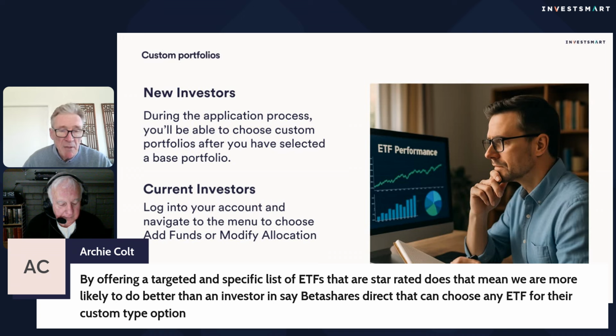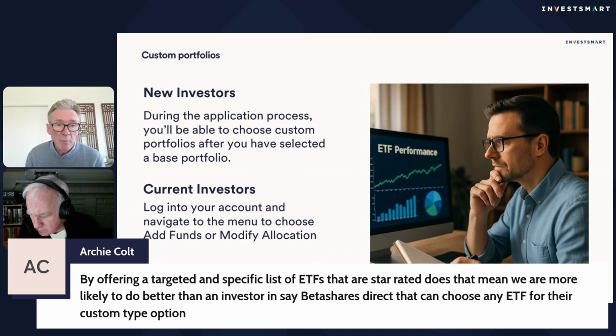We'll add more ETFs as we go along, but we do have a belief that for most people there should be guardrails of some sort to try and stop them saying, well, I'm cashing out all my money from my conservative portfolio and putting it into Bitcoin, because that's not necessarily in the best interest of the investor. And we don't think we would have done the right thing by the investor if we let them do that without some guidance or guardrails.